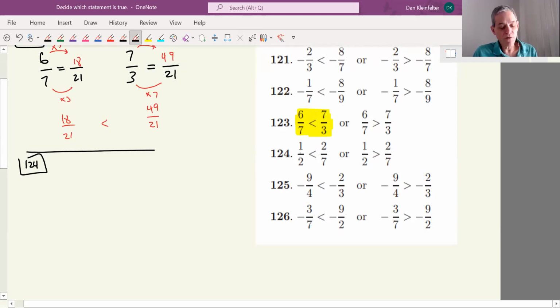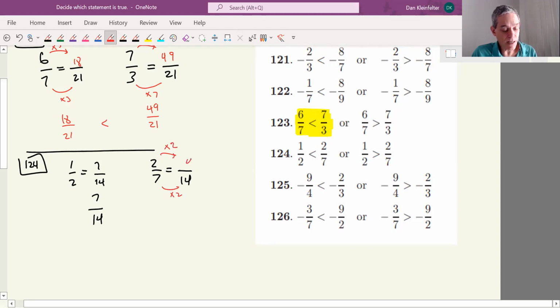Okay, so 124, we're comparing 1/2 and 2/7. A nice small number that has 2 and 7 as factors would be 14. 1/2 turned into a fraction with denominator 14 would be 7/14. Right? 7/14 should look like a half to you. And then 2/7, if we change that into a fraction with denominator 14, we're multiplying the numerator and denominator by 2.